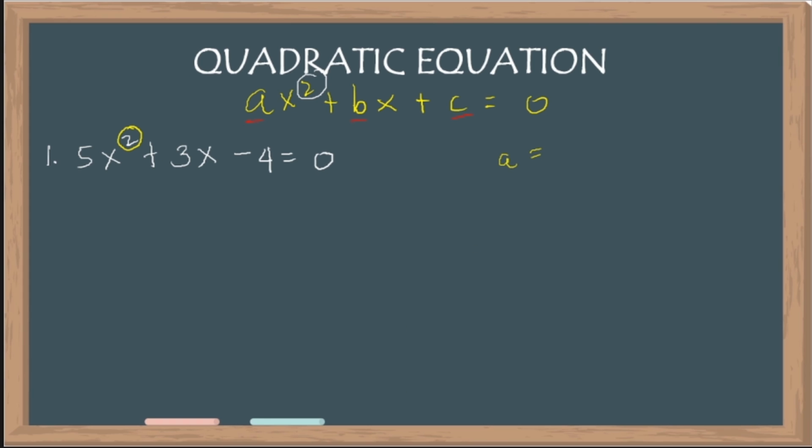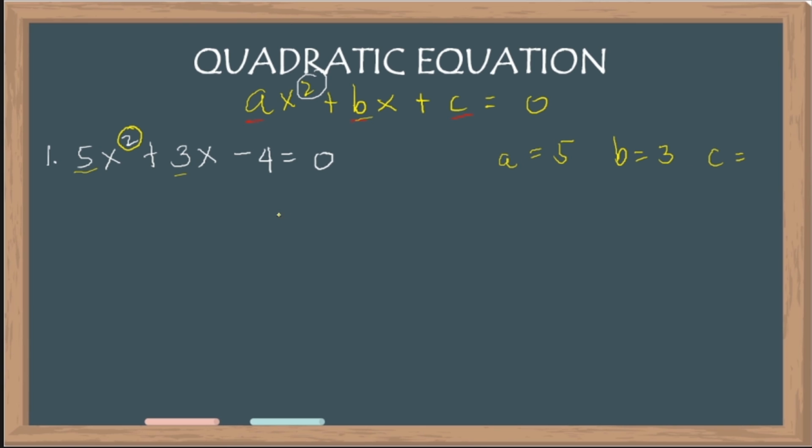Now, what is A? That is the numerical coefficient of x squared. So, ano ba yung A natin dito? Yung katabi ni x squared, that is 5. What is our B? That is the numerical coefficient of x. So, dito, that is 3. And what is our C?